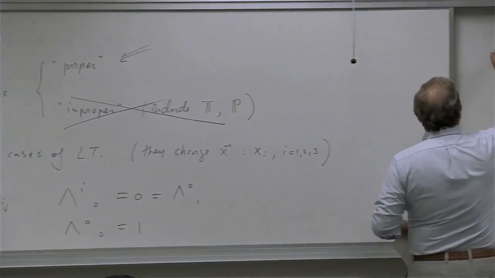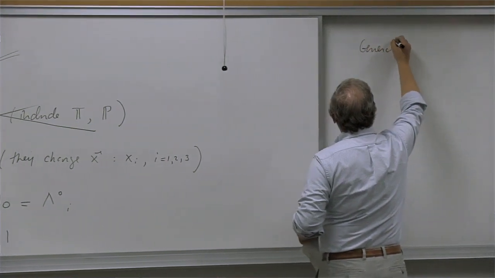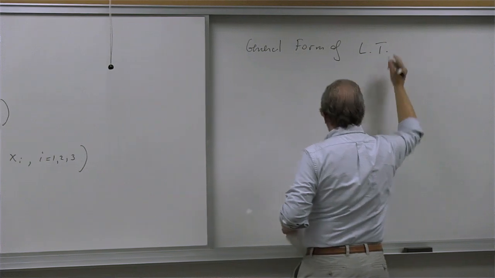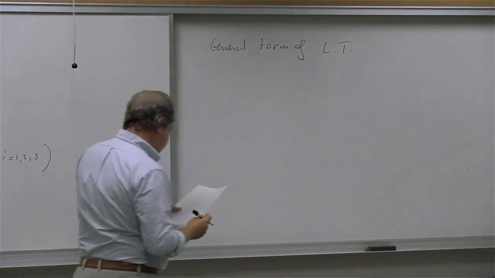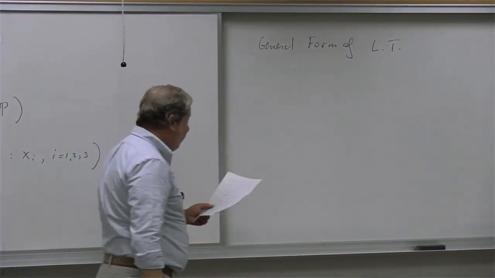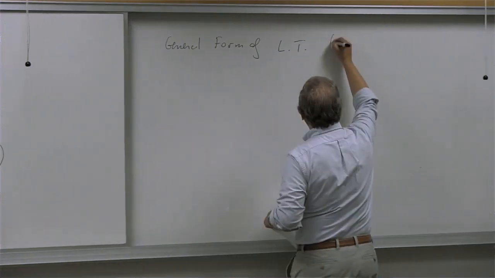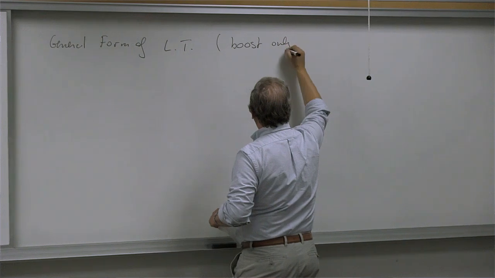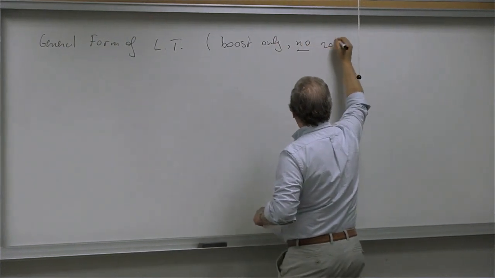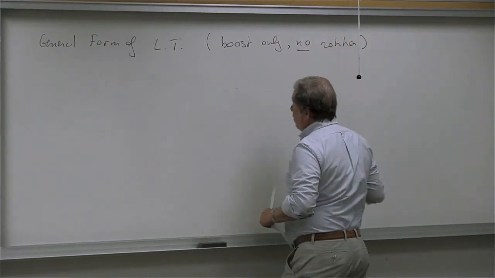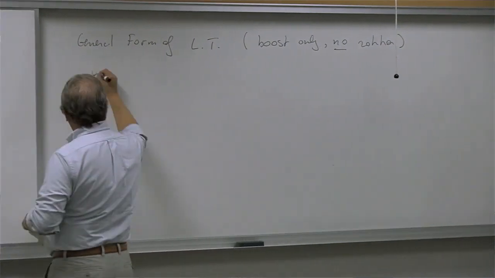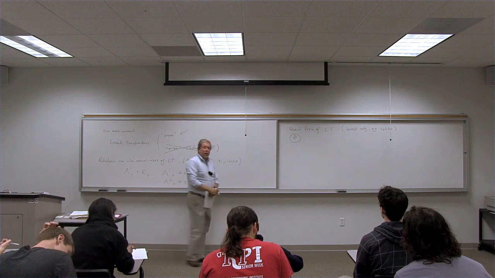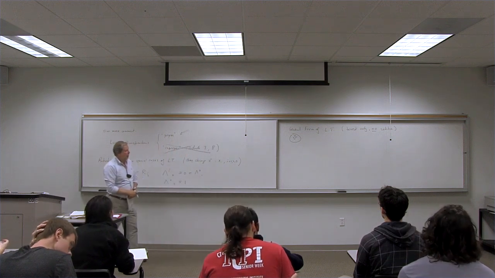So the general form of a Lorentz transformation is that, and we're going to write the case of a boost only, namely no rotation, but still general, because we are going to have an arbitrary v. And in fact, this will be very useful later on to have it, right?